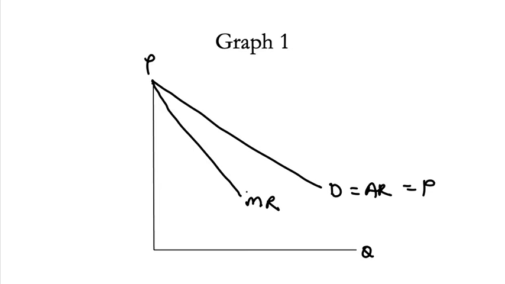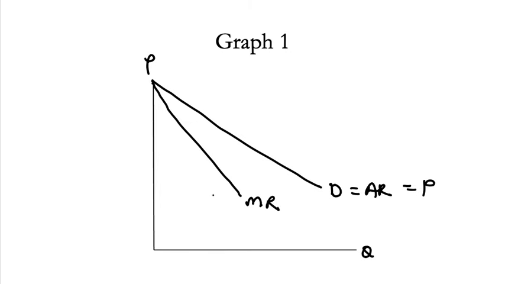Marginal revenue has to be below the demand curve. Make sure that by now you understand the concept of marginal revenue below the demand curve. Now for this firm to determine the price, let's assume that this firm follows the profit maximizing rule.